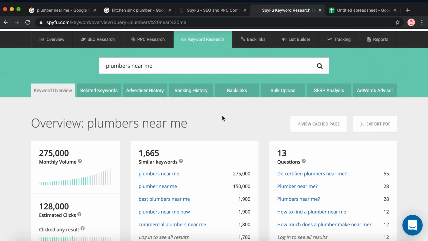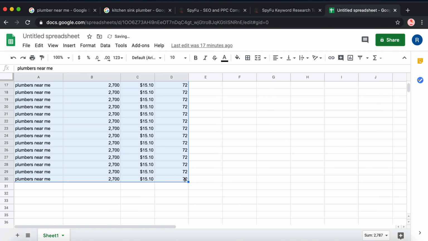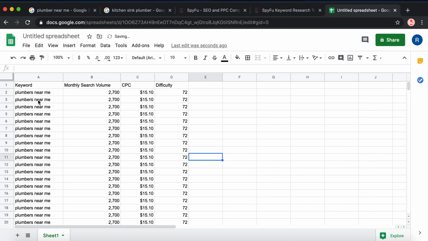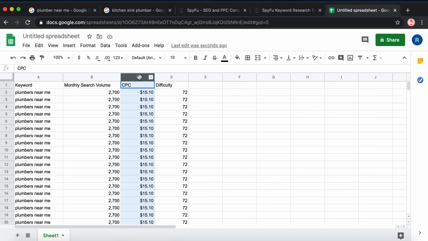Now, what you can do here is export, or with any tool that you're using, there's probably some type of exporting option. And what I recommend you do is create a spreadsheet and start listing them down. Let's say you have a long list of them: you put your keyword here, you put your monthly search volume, and try to get this one for your city. You'll get your cost per click and your difficulty level.